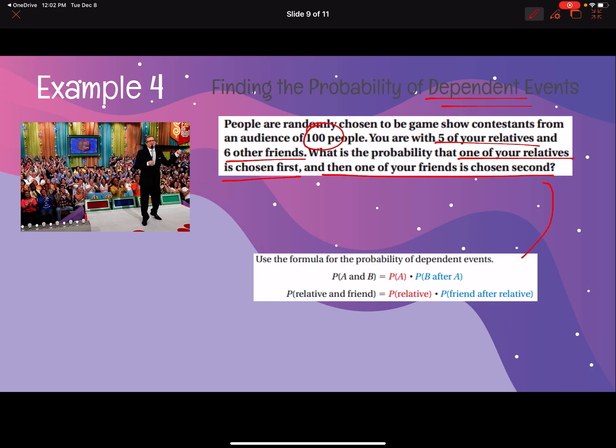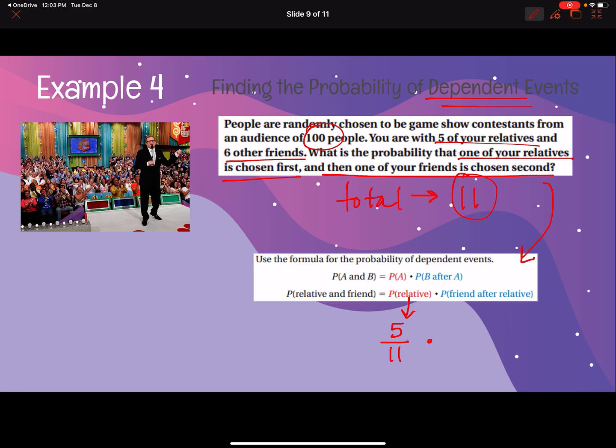So now we're going to take this information and apply it to the formula. So if I want the probability of choosing a relative, first of all, we want to talk about our total number of people that we have with us. We have 5 relatives and 6 friends. So we have a total of 11 that we're going to use. So the probability of a relative is going to go as 5 out of 11.